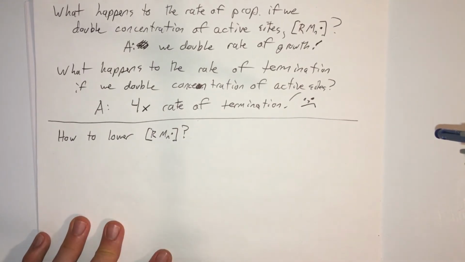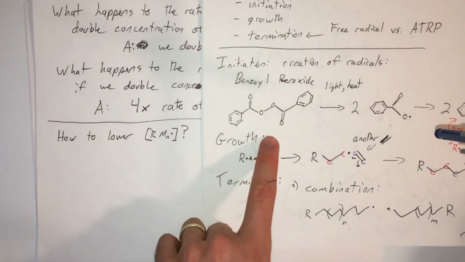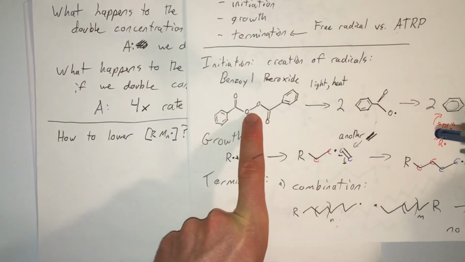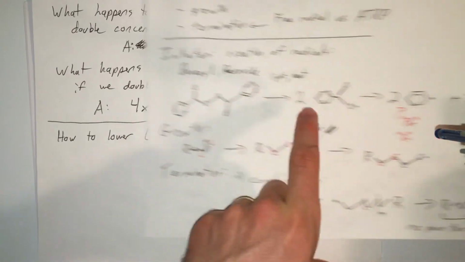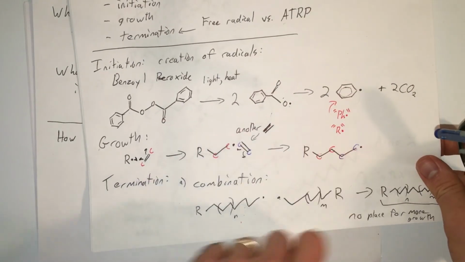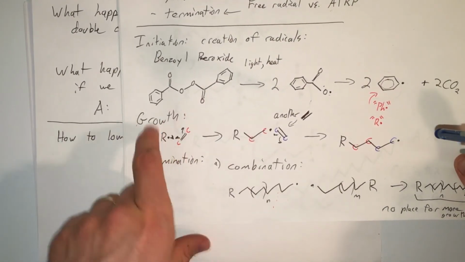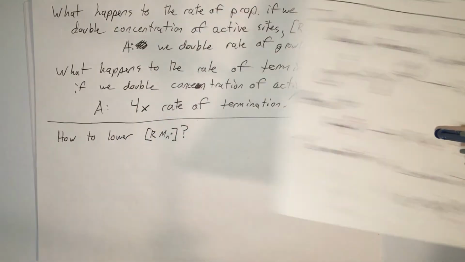Well, one strategy for doing that would be to just lower the concentration of our initiator, right? If we lower the concentration of our initiator, then we're going to be creating fewer of these radicals. If there are fewer of these radicals to begin with, then we're only going to have a few chains growing at any given time.